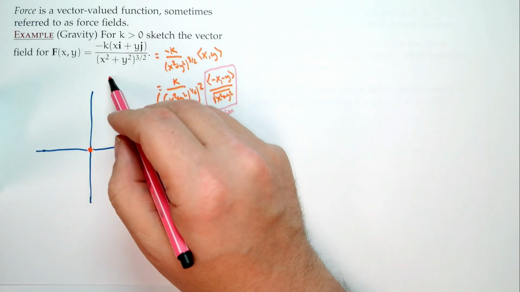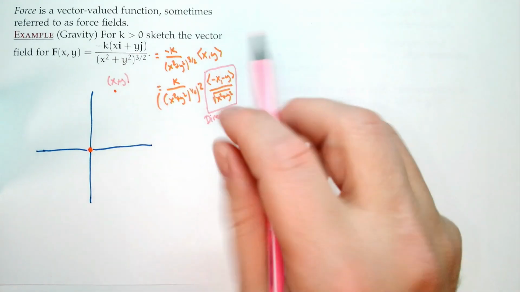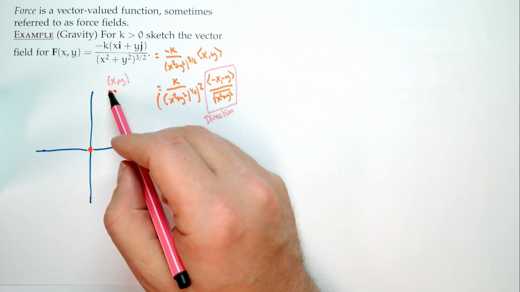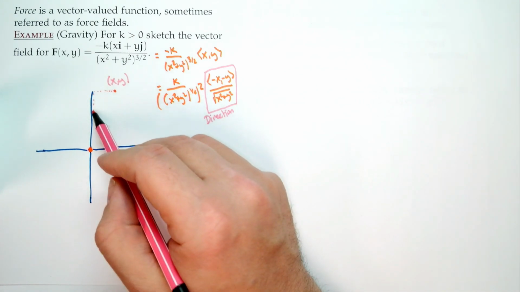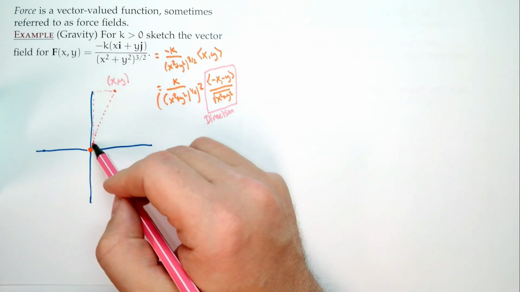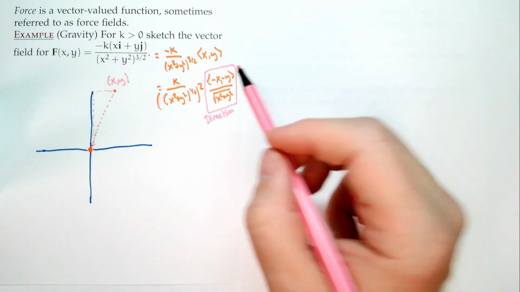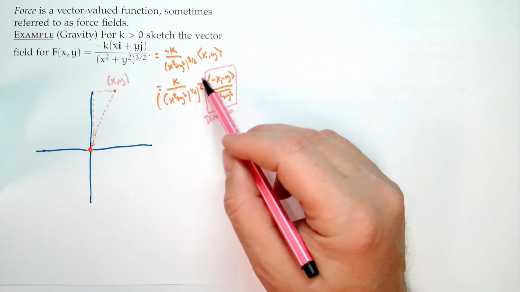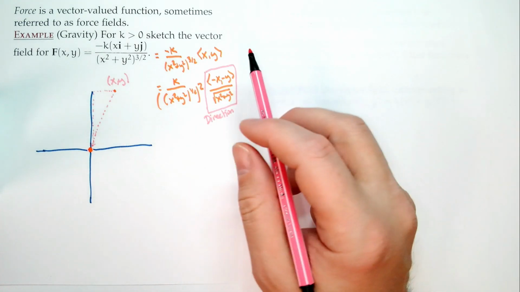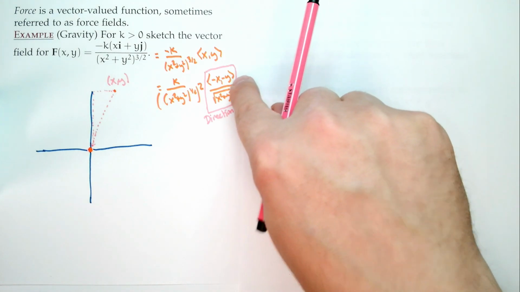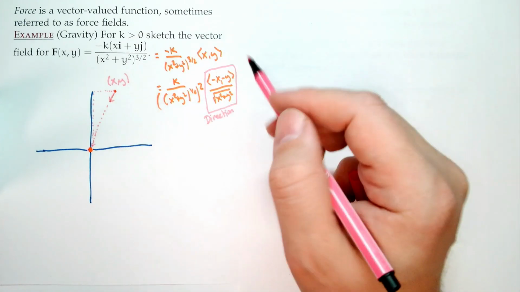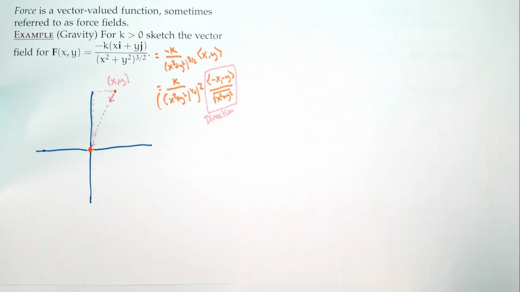Well, suppose I'm at a point x comma y, and I go to minus x, minus y. Minus x in the x direction, minus y in the y direction, says that we're pointing towards the center. Now we divide by root x squared plus y squared. That tells us we're going to make this part the unit vector. So right now I have the unit vector pointing towards the center. That's what this second part does.